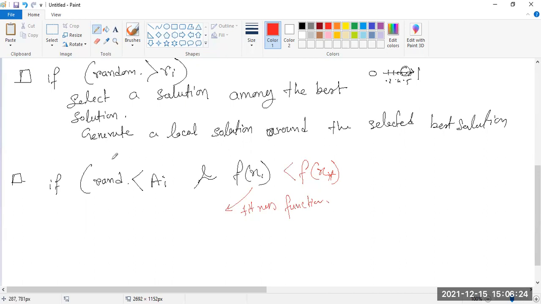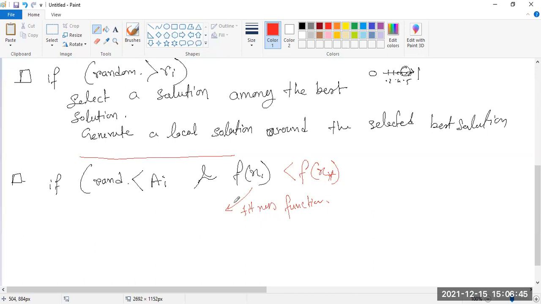So you can understand, after that you have to check this portion.